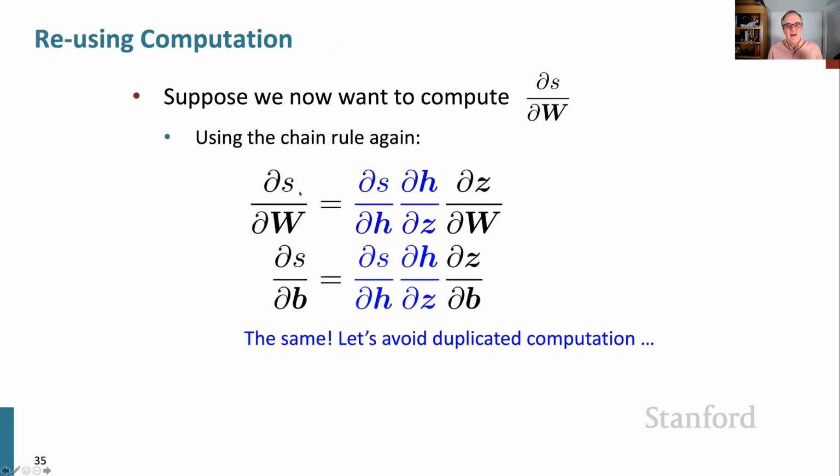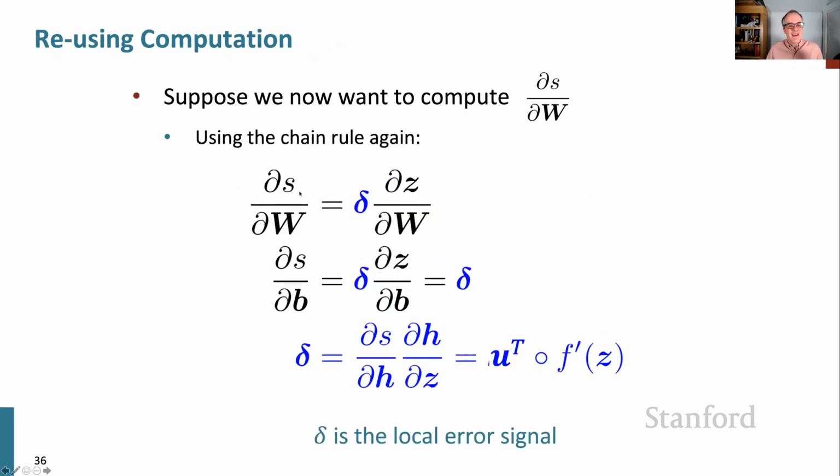We do that by defining delta, which is the partials composed that are above the linear transform, and that's referred to as the local error signal. It's what's being passed in from above to the linear transform. And we've already computed the gradient of that in the preceding slides.